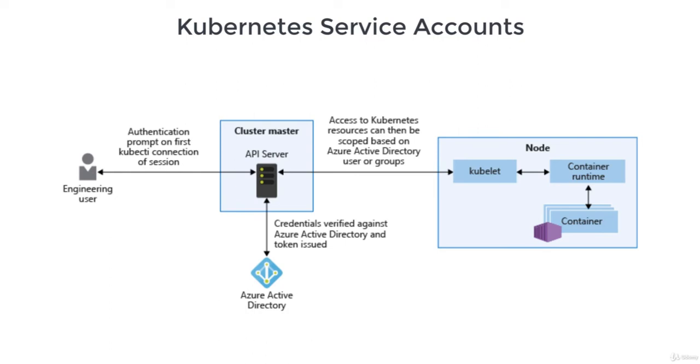The identity management solution is provided by Azure Active Directory. This is because Kubernetes itself does not host your regular accounts or passwords. So these credentials are stored and managed by Azure Active Directory, whereas the service account is stored and managed by the Kubernetes API server hosted on the cluster master.